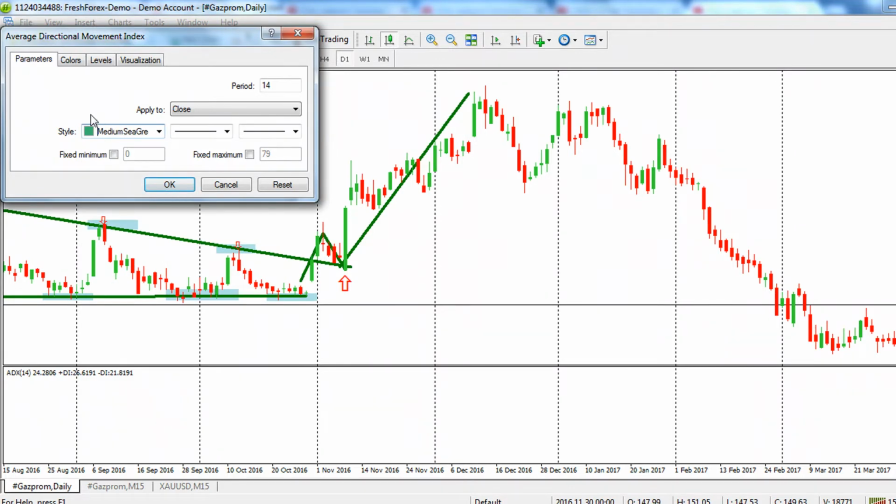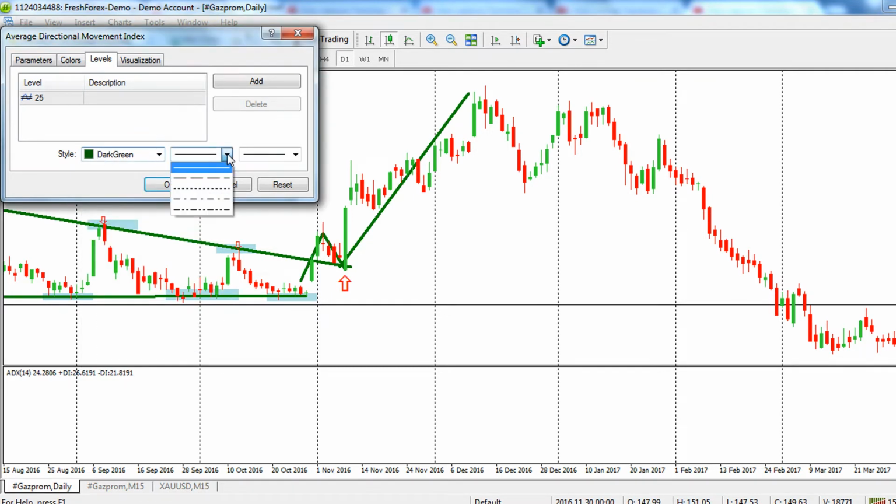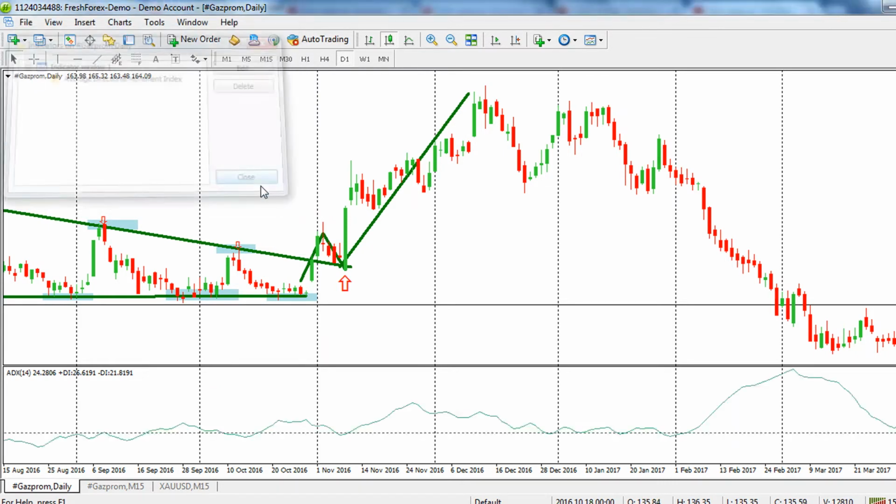Anytime you have this green line above 25, and we need to add that 25, it means there's momentum to a particular direction, but it does not show which direction. Like in this case, this is the 25 line. So far it was above 25, but it does not show which one is upward. It only shows that there's momentum to a particular direction, but not exactly which direction.